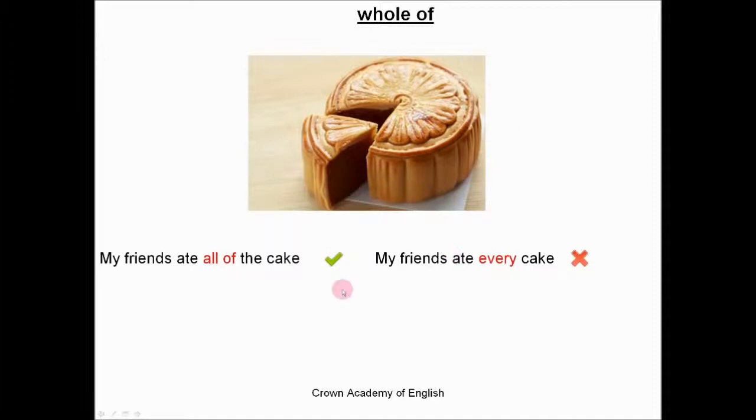However, instead of talking about the cake itself, if we talk about a slice of the cake, then yes, we can now say my friends ate all the slices of the cake. Okay, and in this case, then we use the word all and then the plural, like we saw at the beginning.